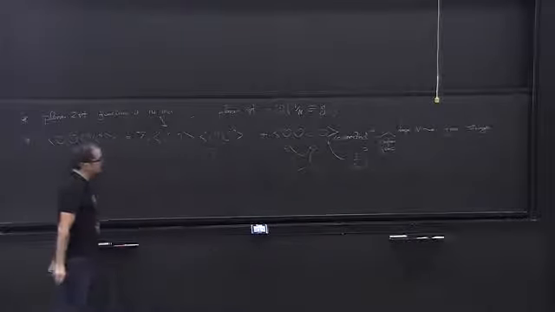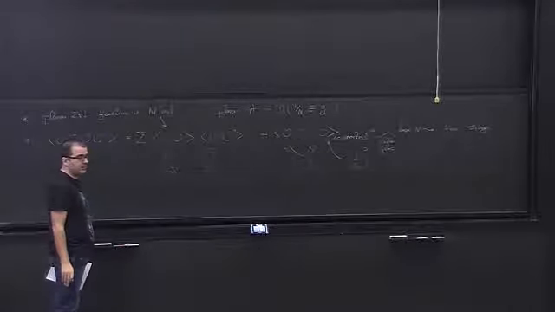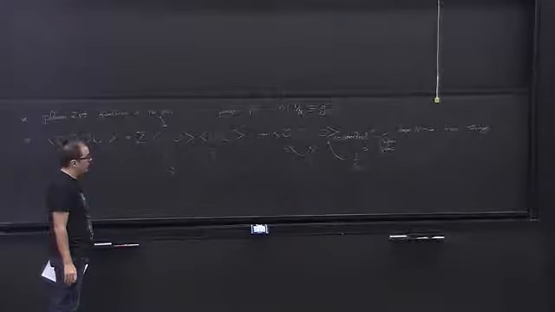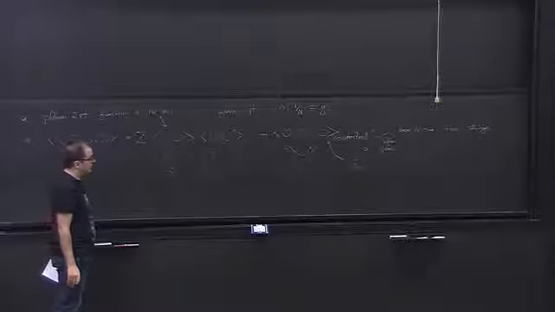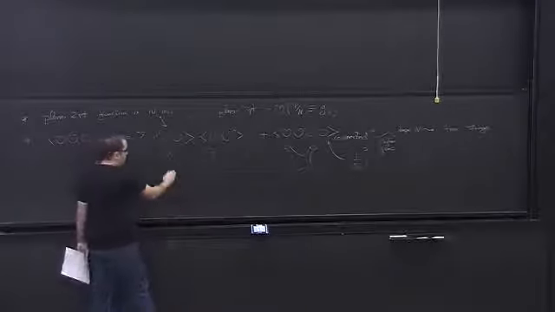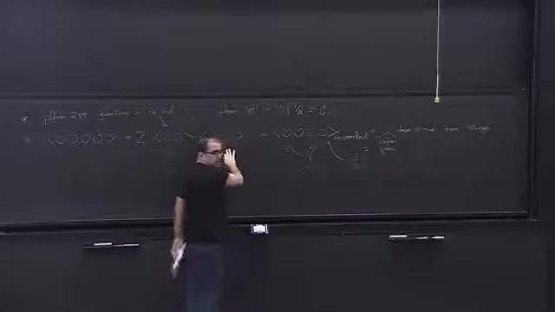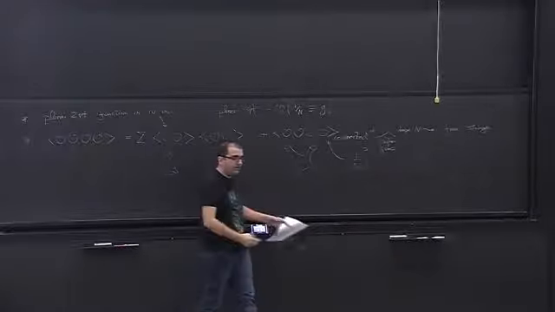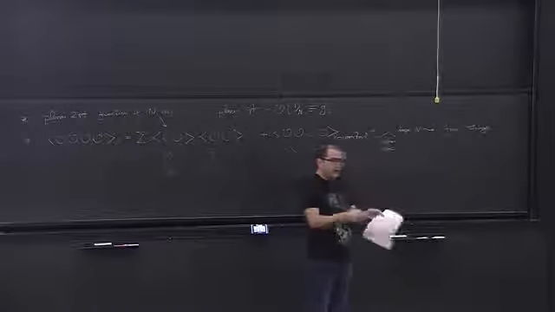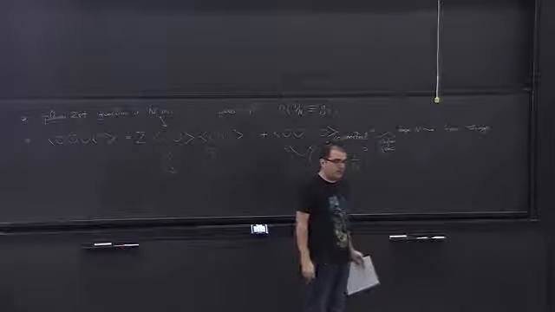Why are the interactions between strings not relevant? No, all I'm saying is that this term here, for example, is dominant over this. This is 1 over N squared, this is order 1. So the strings prefer to propagate freely rather than interact with each other in a connected way.